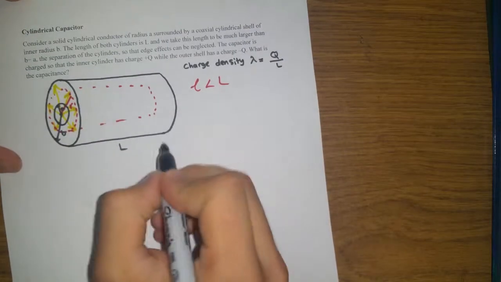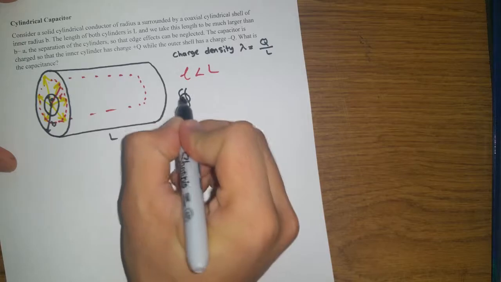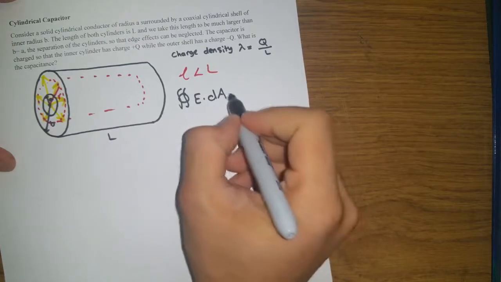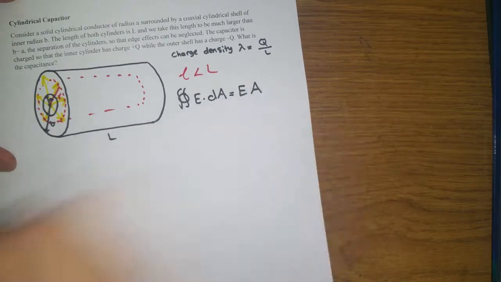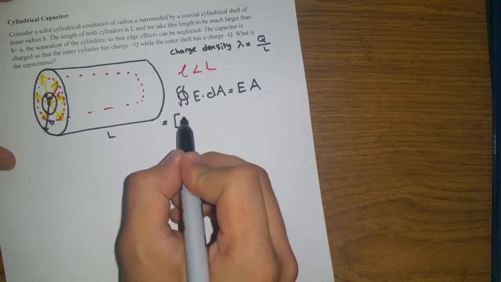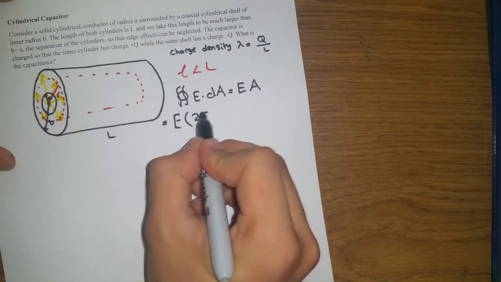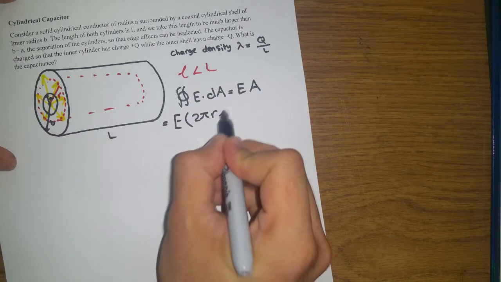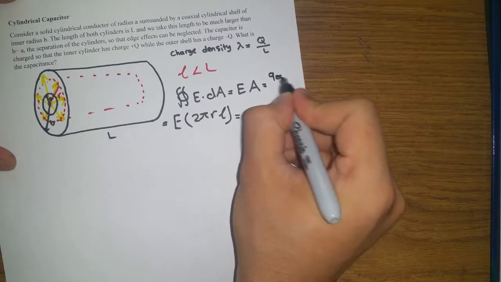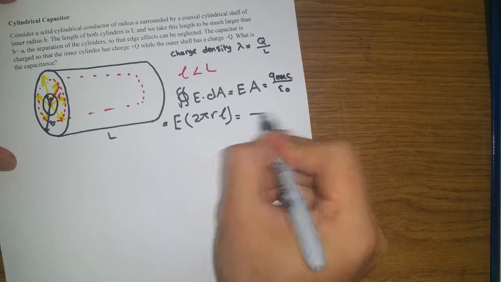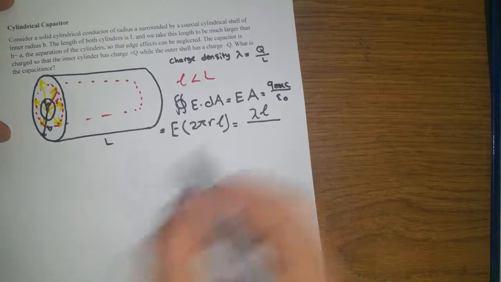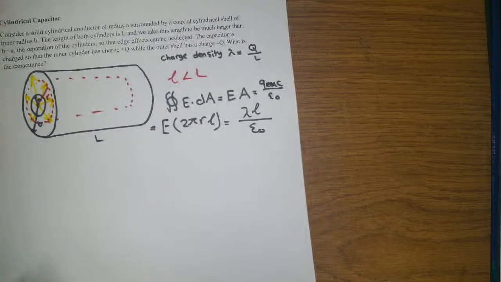So the surface integral of E dA is equal to E A, and that is equal to E times 2 pi r l, equal to Q enclosed over epsilon naught, and we know that Q enclosed of the Gaussian surface is equal to lambda small l over epsilon naught.